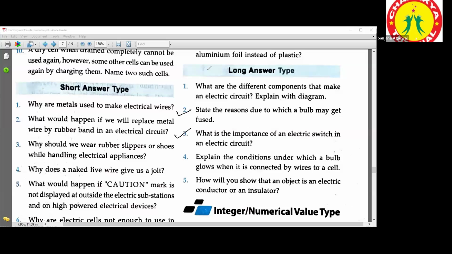So the switch has the role of turning on and off. Internally, the on state of a switch means that the path is complete and no longer broken, whereas off means the path of the electric circuit is broken, or you can say it is incomplete. It detaches the wire so that the current does not flow and the appliance stops running. Fine.